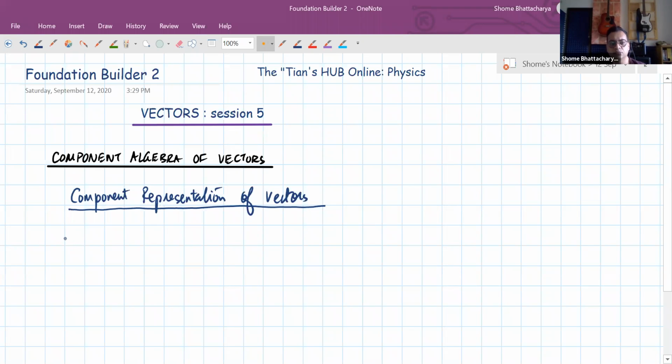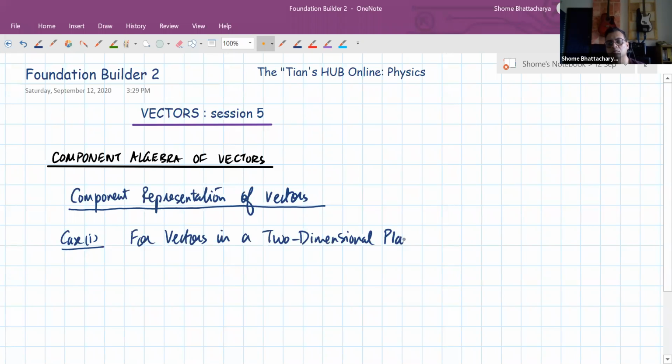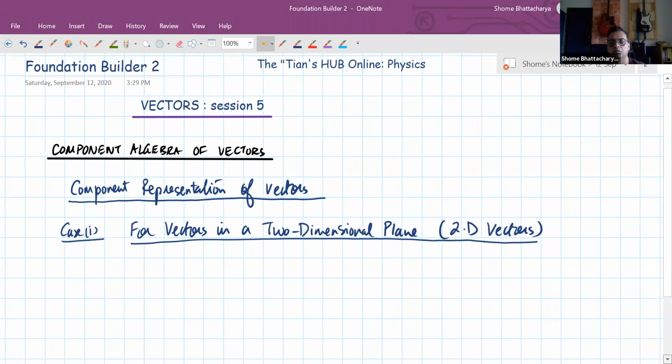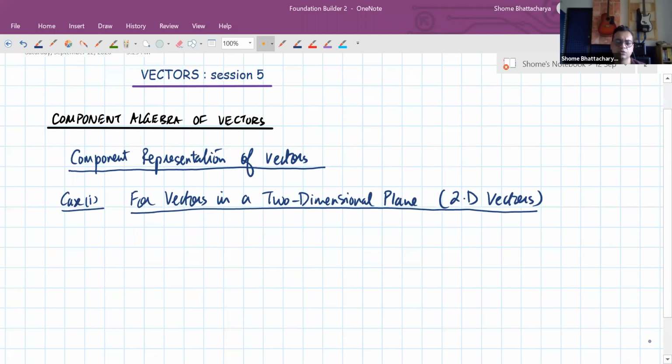In the first case, we'll discuss vectors in a two-dimensional plane, what we call 2D vectors. Later we will come to the three-dimensional vectors. So, component representation of vectors in two dimensions.